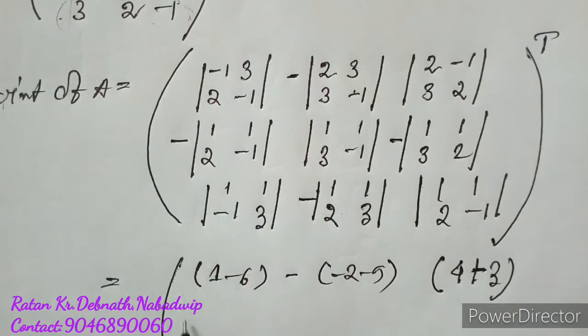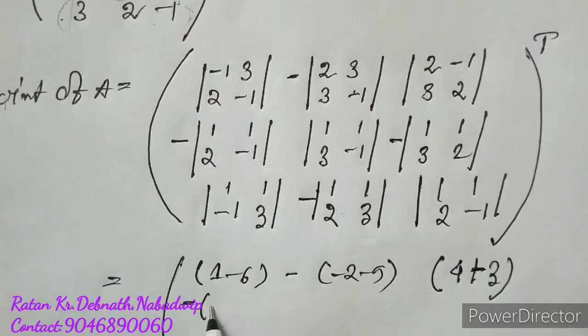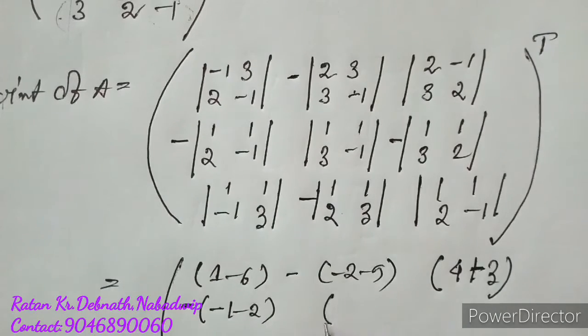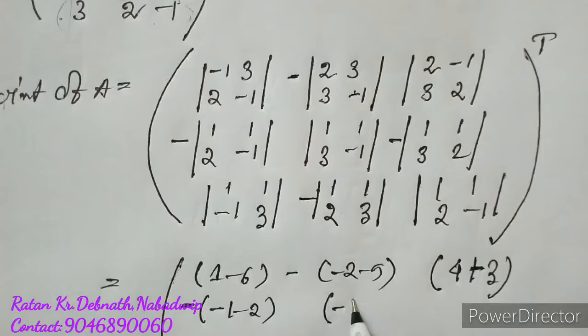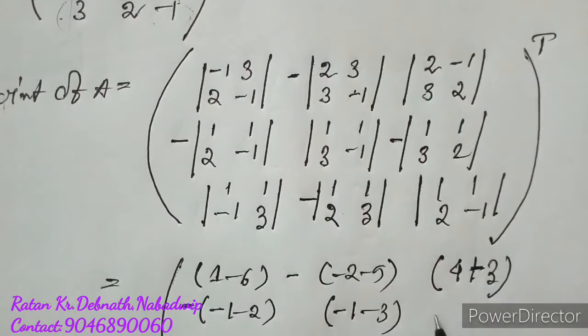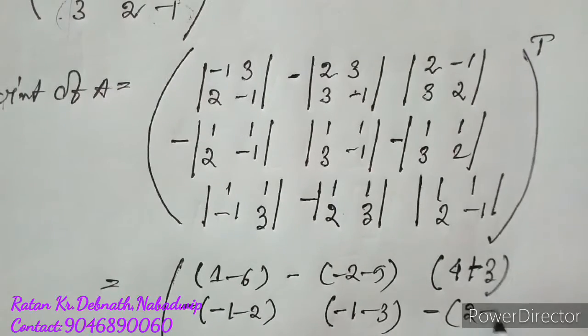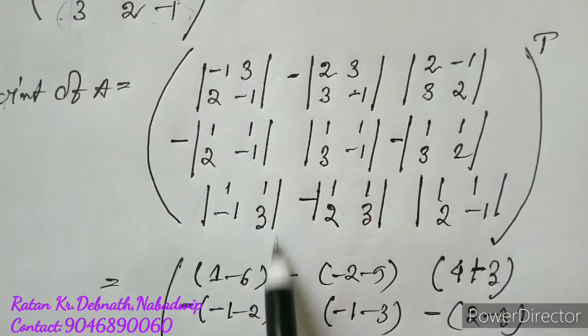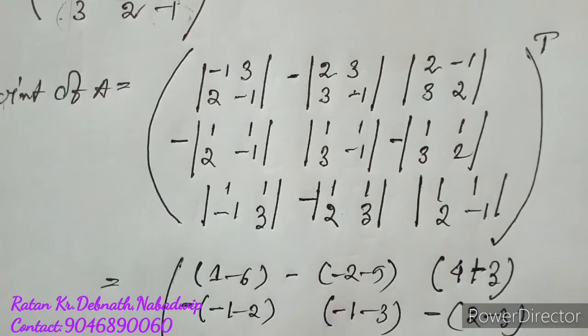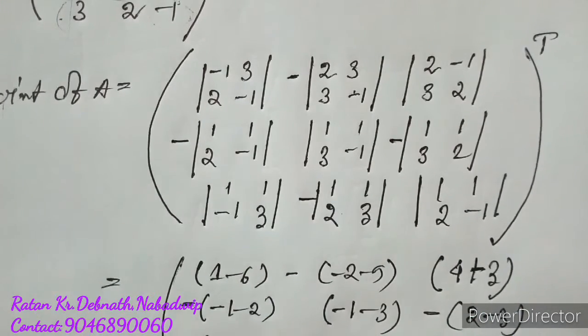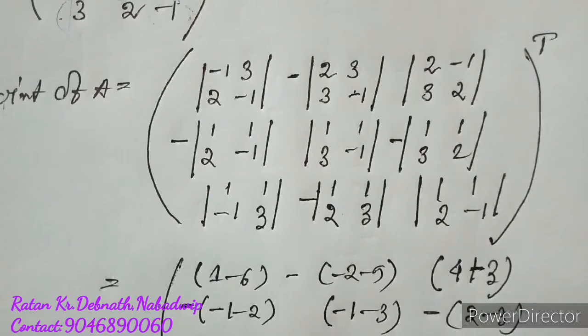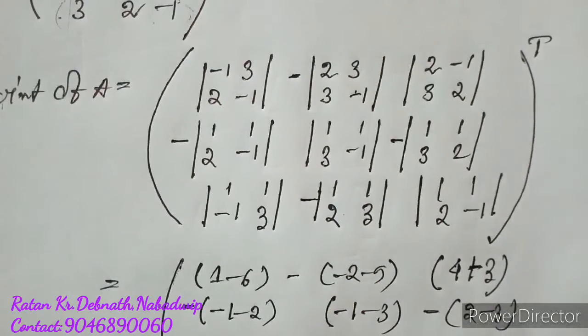Now minus of minus 1 minus 2, minus 1 minus 3, 2 minus 3, 3 plus 1, minus of 3 minus 2, minus 1 minus 2.